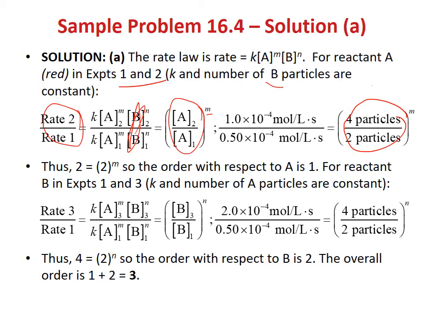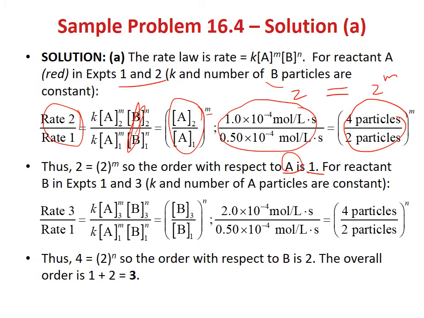So in theory, it should be 2 to the mth power. And the given numbers are 1 times 10 to the minus 4 divided by 0.5 times 10 to the minus 4. Again, this is 2. So for these two to be equal, m is 1. So we get the order of A is 1, first order for A.